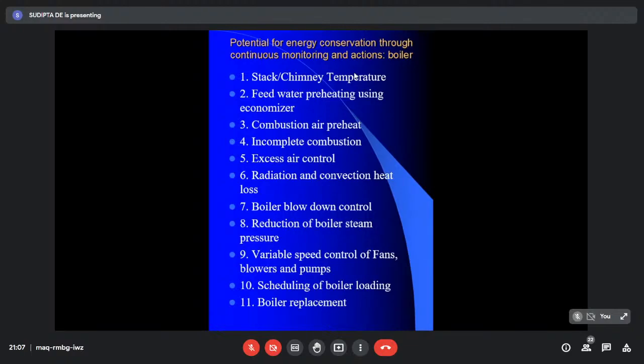I have already explained what blowdown is, but I'll give a short note on this, just write down.